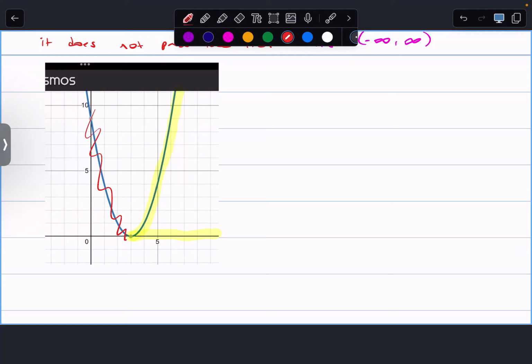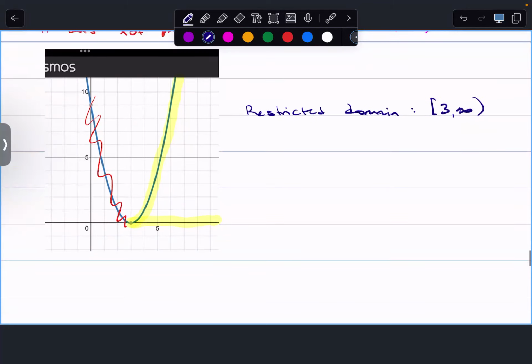And so the restricted domain in this case can include 3 and go up to infinity, round bracket on infinity. That's my go-to, going all the way to infinity.